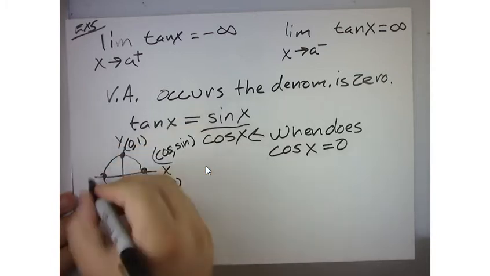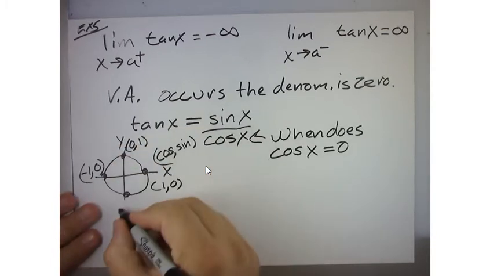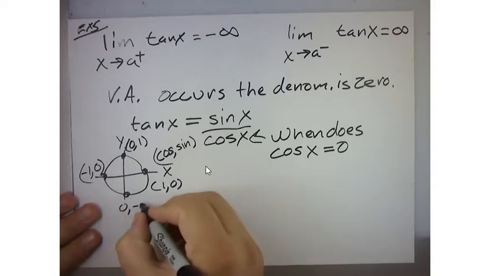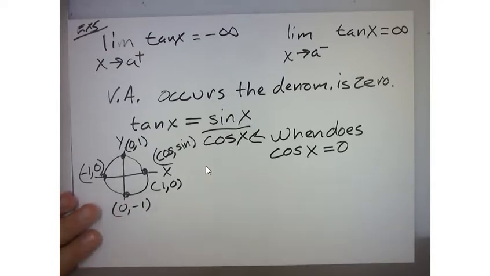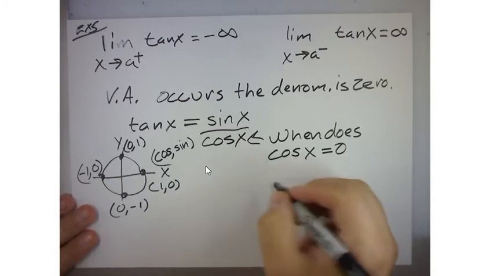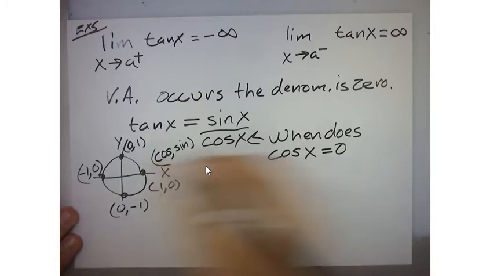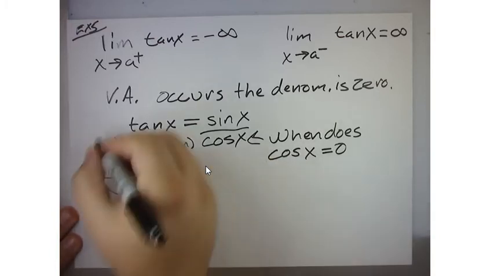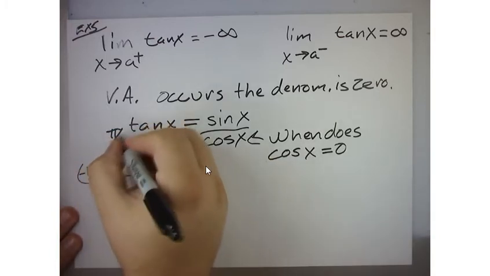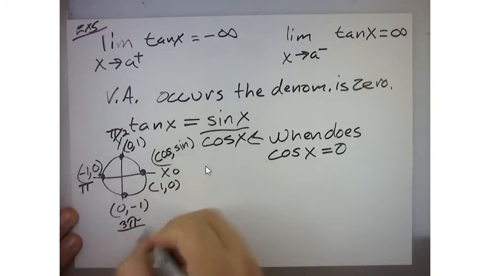This point here is negative 1, comma 0. This point here is 0, comma negative 1. So cosine is 0 when this is 0, this is pi over 2, this is pi, this is 3 pi over 2.